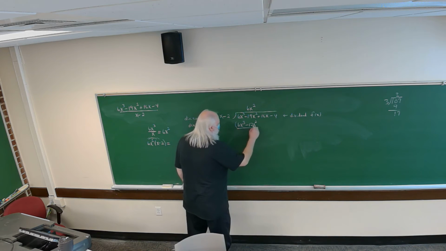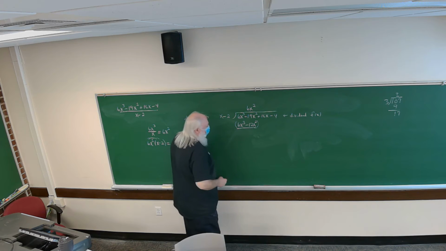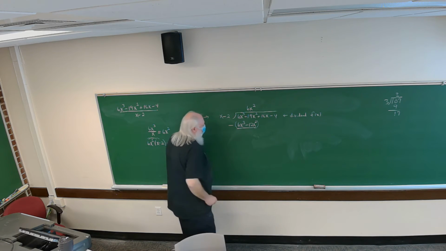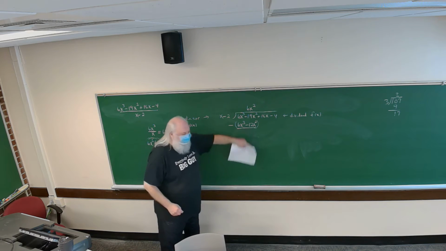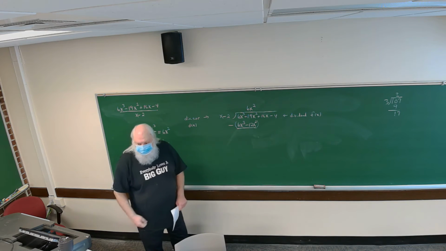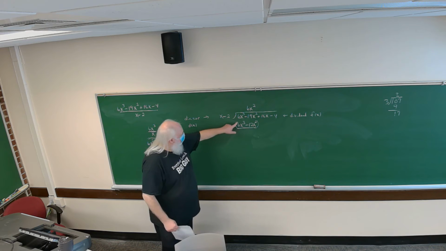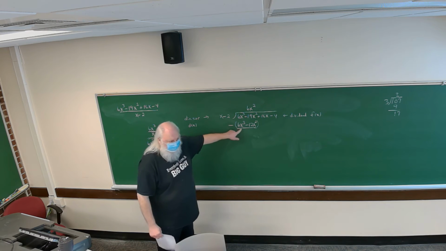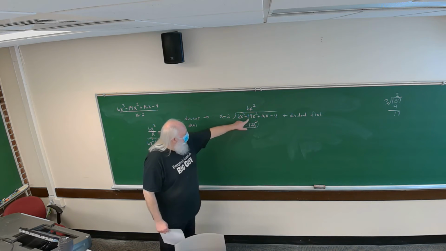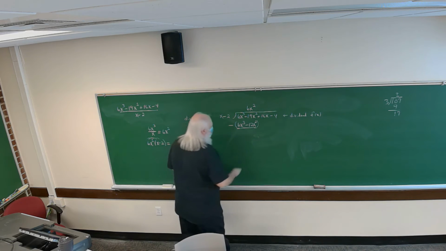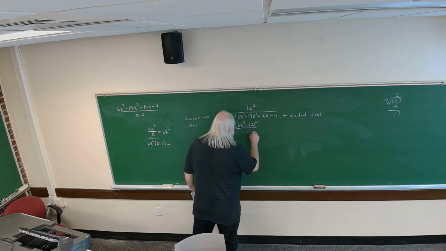So that you do the subtraction correctly, you should put parentheses around 6x cubed minus 12x squared, because you have to change the sign of both of those terms when you subtract. So you'll have 6x cubed minus 6x cubed, which is 0, and minus 19x squared plus 12x squared, which is minus 7x squared.